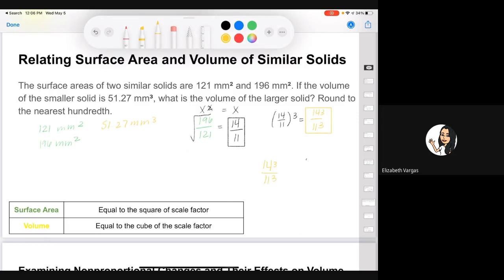14 cubed over 11 cubed. I know that my smaller one, the bottom one, has a volume of 51.27. So I'm looking for x. What is the volume of my large one? Remember that we put these in relationships big over small. And now I can go ahead and cross multiply.